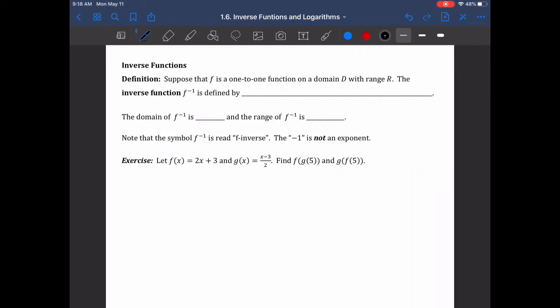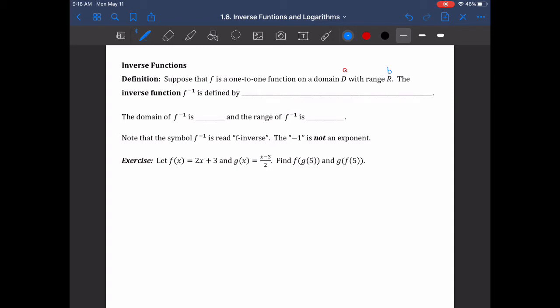All right. Basically what we want to start looking at here is inverse functions, and we want to suppose that f is a 1-to-1 function. So our original function is 1-to-1 on the domain, remember domain is inputs. Call that A, the A values we input, with a range of what we'll call B values that we get out.